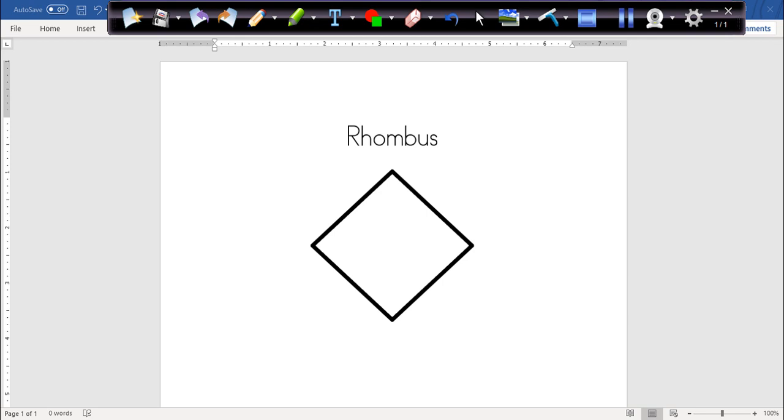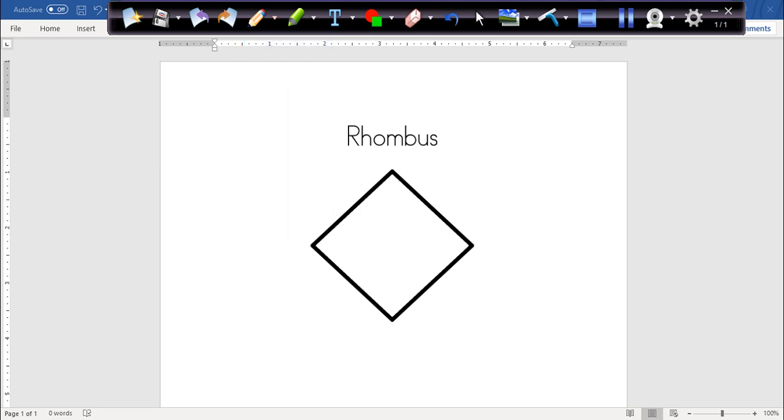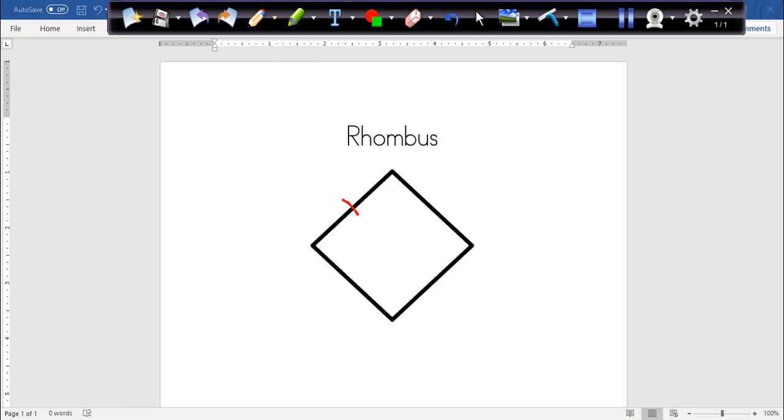It almost looks like you just have a square, because all four sides are equal, but it sits on its point, right? So this is an example of a rhombus, and yes, as they indicated, all four sides are equal. Okay, so that's a picture of your rhombus.